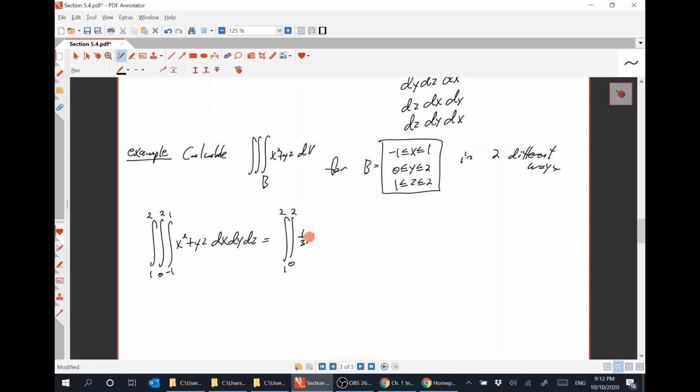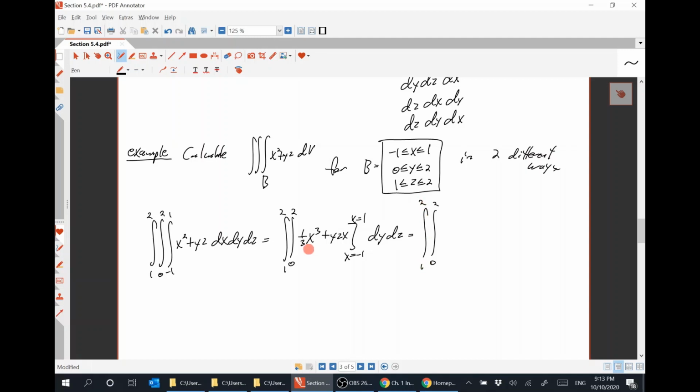So that's 1/3 x to the third plus yzx from x equals minus 1 to x equals 1, dy dz, right? We did the antiderivative with regard to x, holding y and z constant. Now we evaluate at 1 and negative 1, and we're going to get a double integral in terms of just y and z.